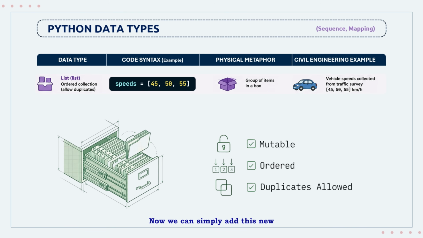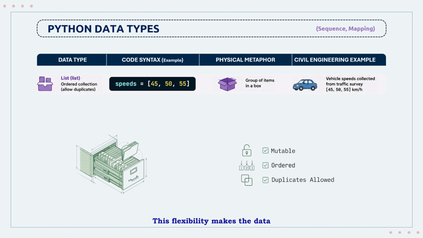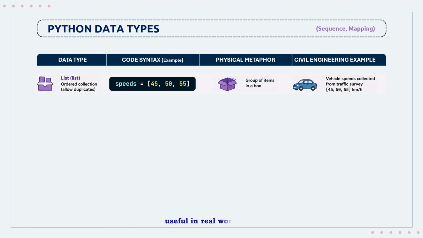Now we can simply add this new observation to the existing list. This flexibility makes the data type very useful in real-world civil engineering applications, such as traffic surveys, where new observations are continuously collected. Lists are commonly used in civil engineering for traffic survey data, rainfall recording, concrete test results, daily temperature observation, experimental measurements, and so on.